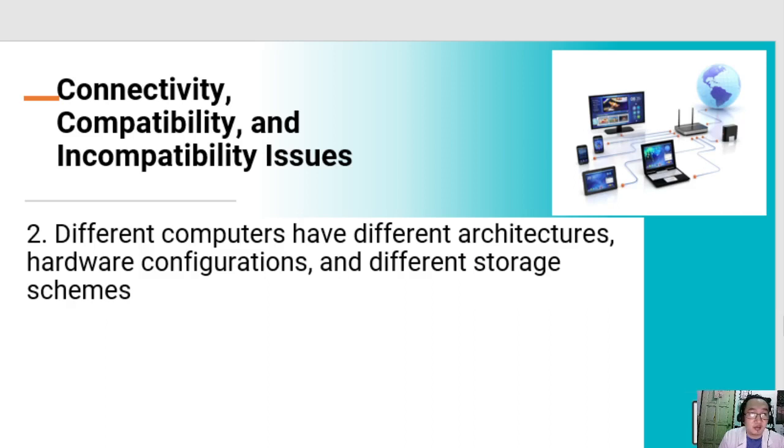Systems that do not work with another computer will, of course, result in a problem. There's no compatibility, there's no communication, and the processes in your institution will also be affected.